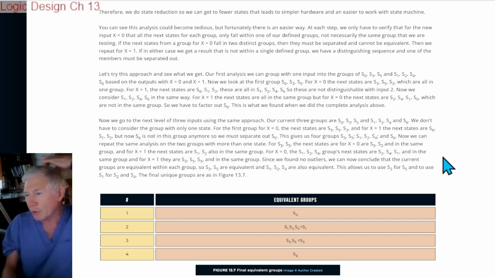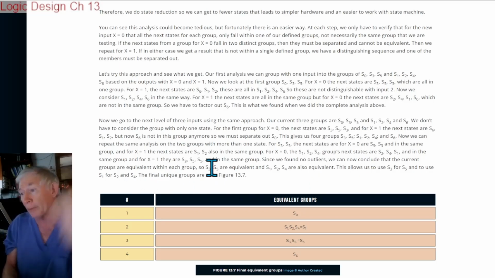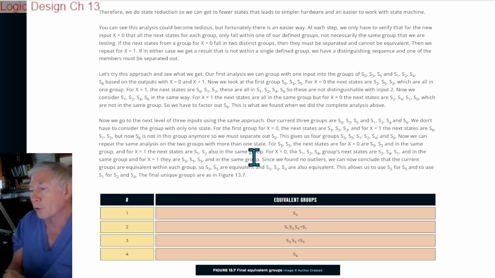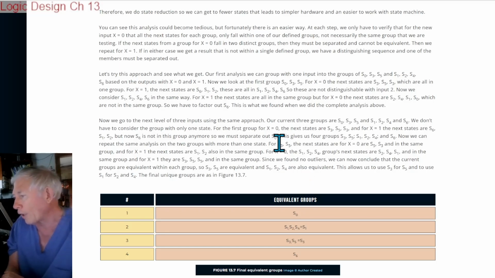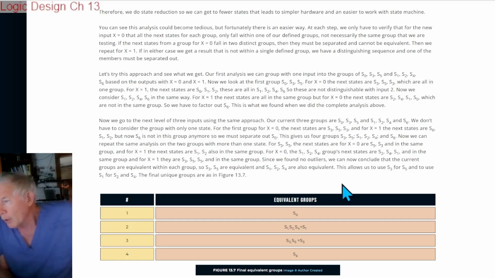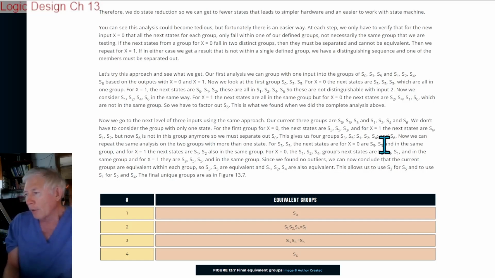All right. So now we can repeat the same analysis on the 2 groups with more than one state. That would be S3 and 5 as one group that's got 2 states still in it, and S1, 2, and 4 that has 3 states. For 3 and 5, the next states for x equals 0 are 5 and 3, and for x equals 1, they are 1 and 2, which are both in the same group.